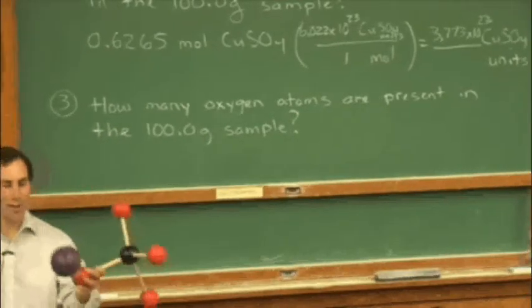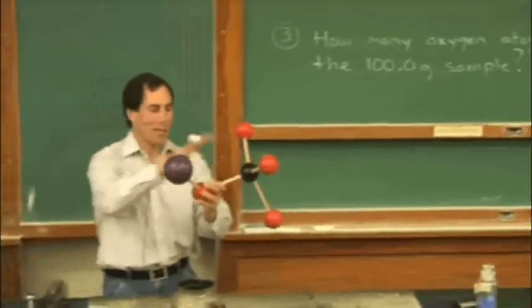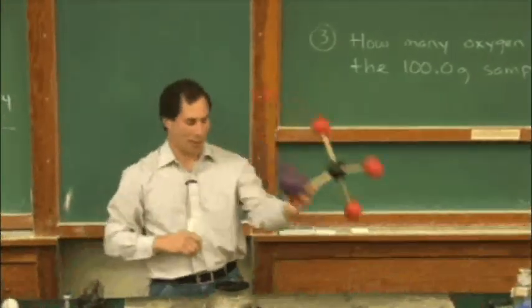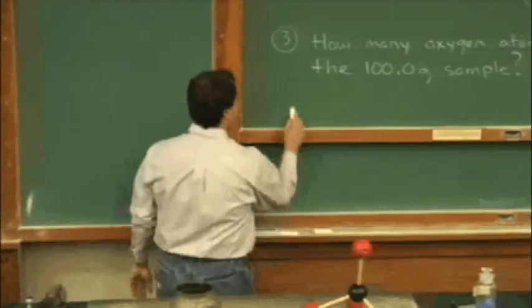Every one of these units has 1 copper, 1 sulfur, but how many oxygens? 4 oxygens.